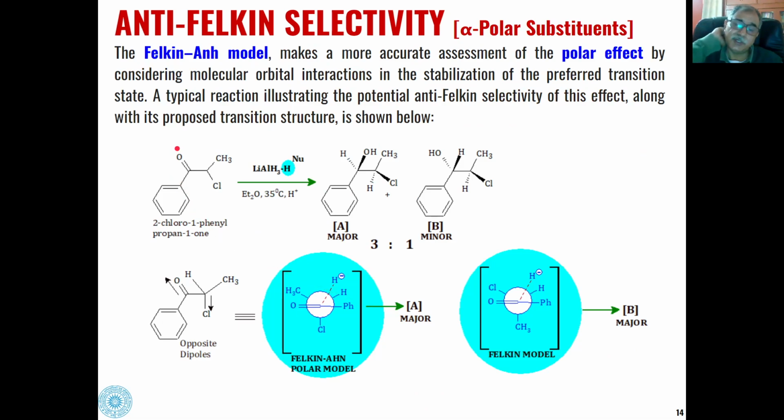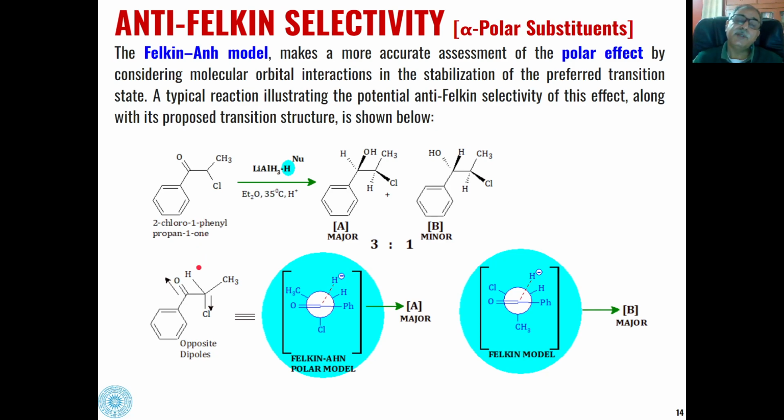Now we can explain this with a few examples. For example, if we are having this reactant, 2-chloro-1-phenylpropan-1-one. Now this carbon is alpha carbon to the carbonyl, and here this is methyl group, and there will be one hydrogen which will be the smallest group, and this is the chloro group.